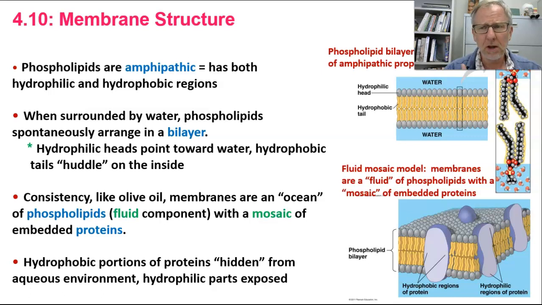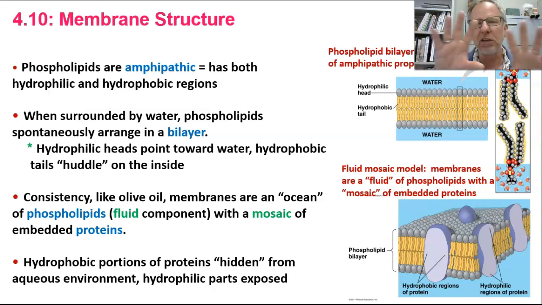So our cell membranes are really very oily in a way. They're kind of liquidy, with these phospholipids moving around, billions and billions, trillions of phospholipids in a membrane. So they're like an ocean of phospholipids. That's the fluid component of our membranes.